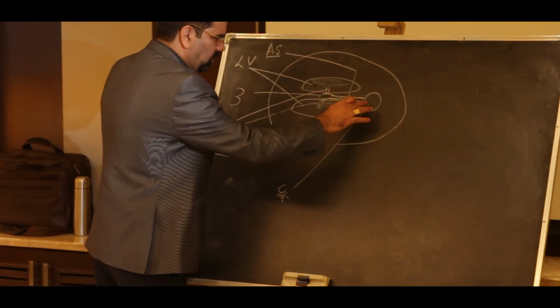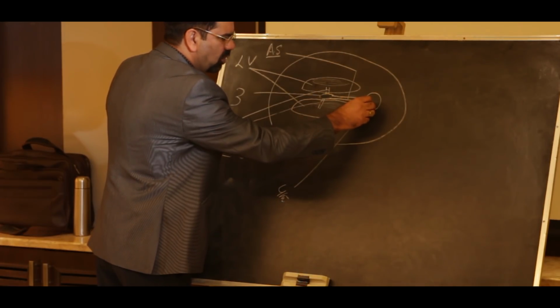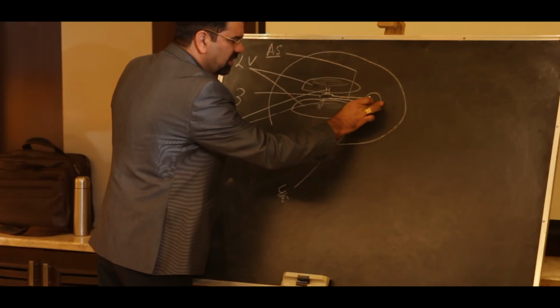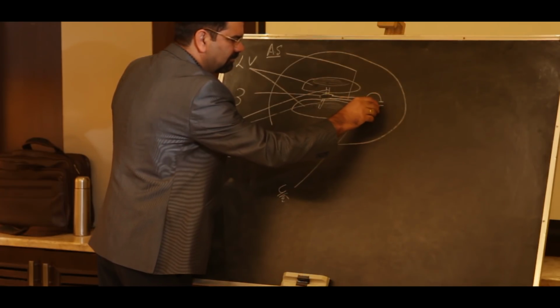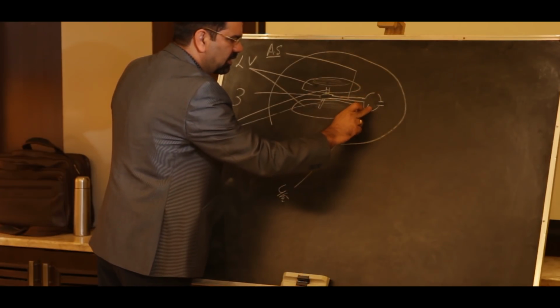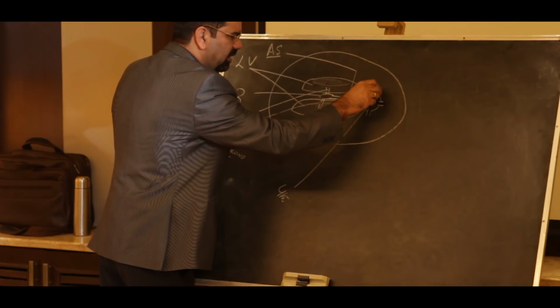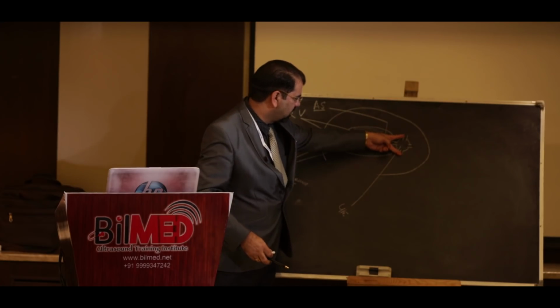Now, from the fourth ventricle, where is the fluid going? From the fourth ventricle, I am having apertures. This is one aperture here, and these are two apertures here, one here and one here. So, these will be lateral apertures.